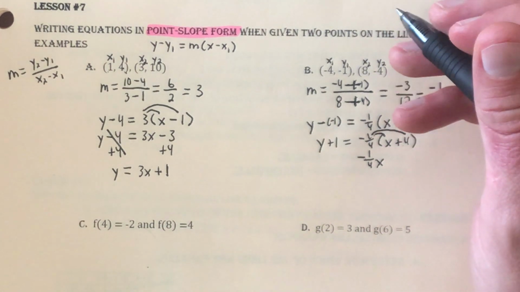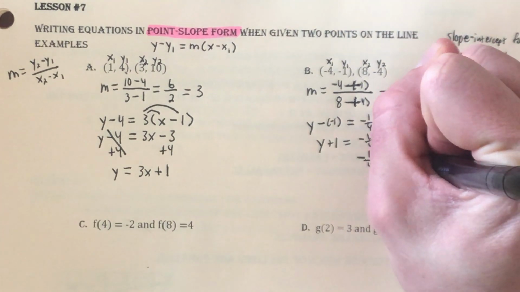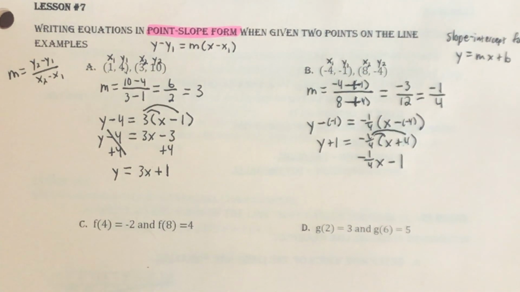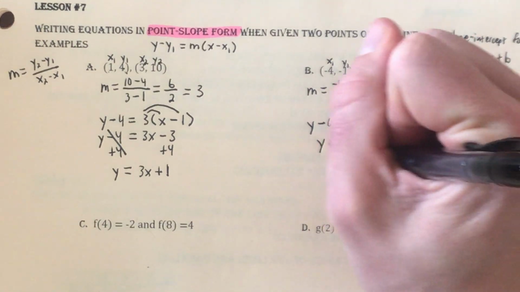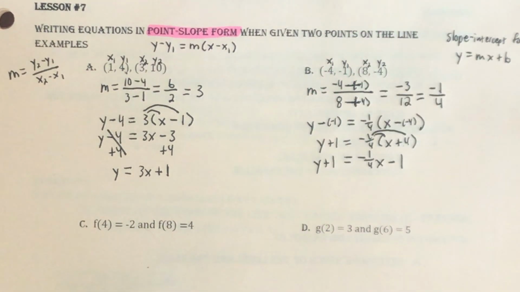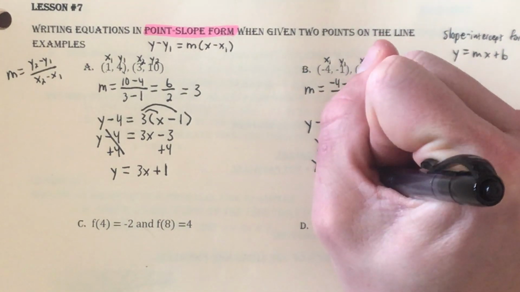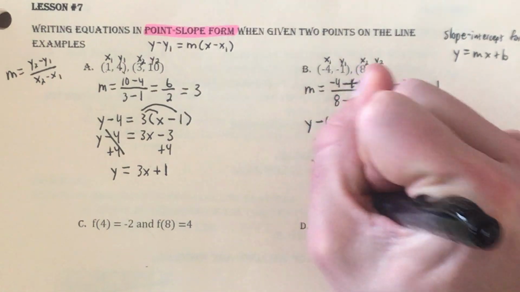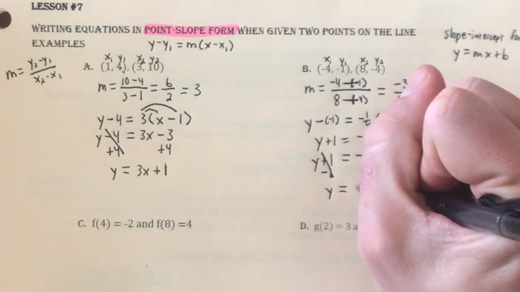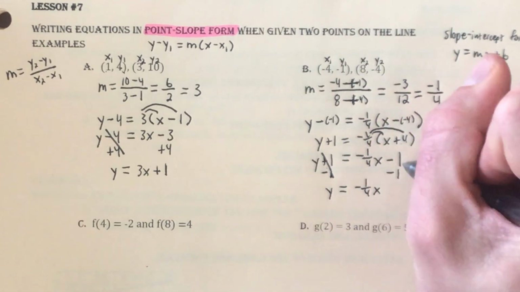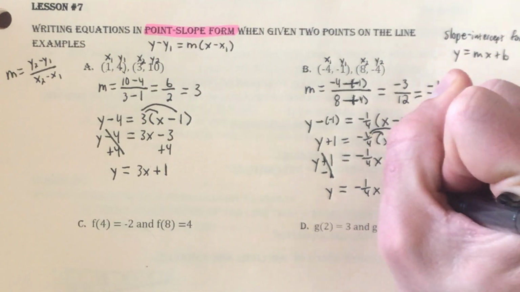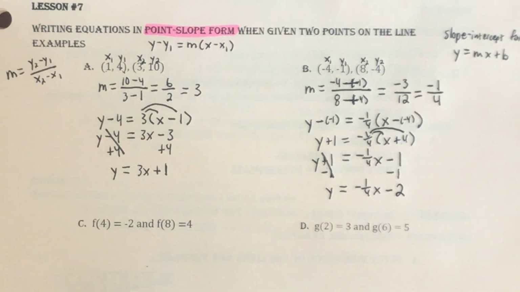And -4/4 is the same as -1. And then that's all equal to y plus 1. Well, last thing I need to do, get the y by itself, so I'm going to subtract 1 from both sides. That causes those to cancel, and I'm left with y equals -1/4 x. -1 minus 1 is -2.